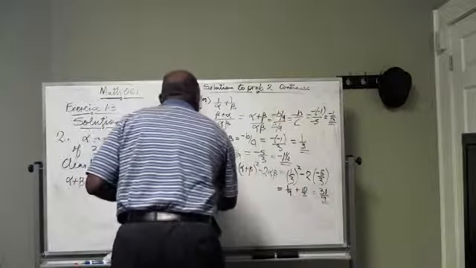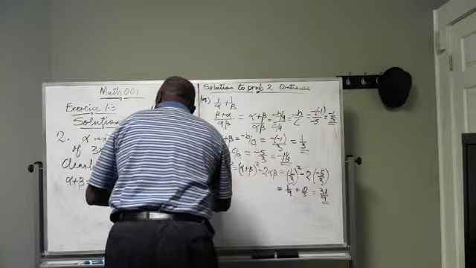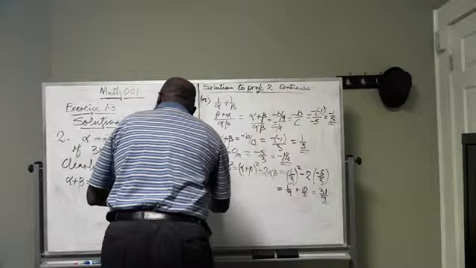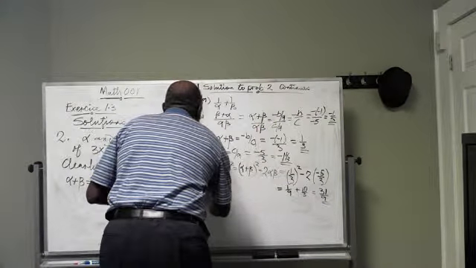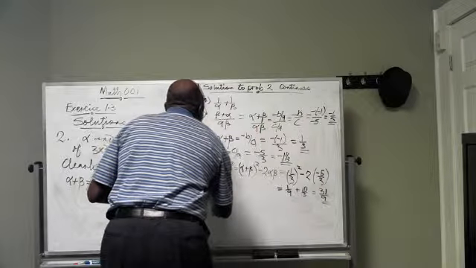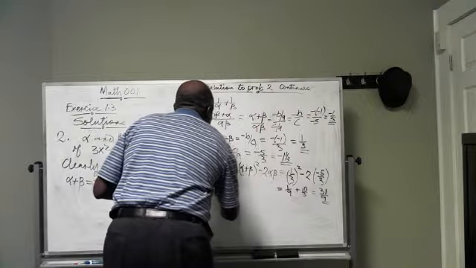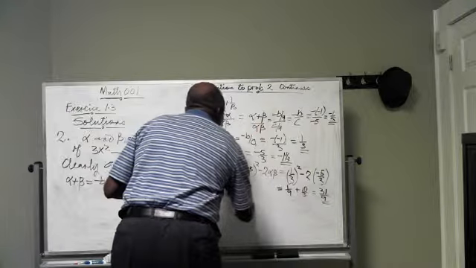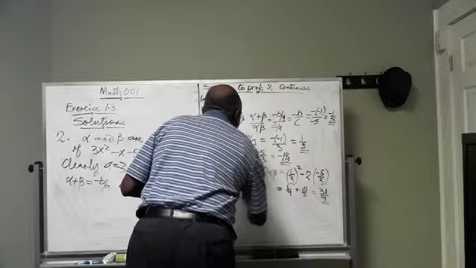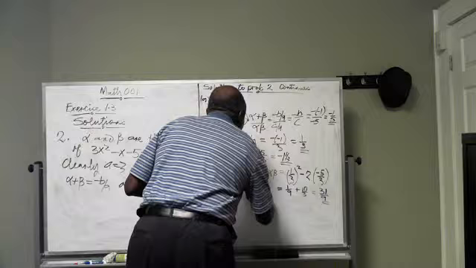And E, 3 alpha plus 3 beta is equal to 3 into alpha plus beta.